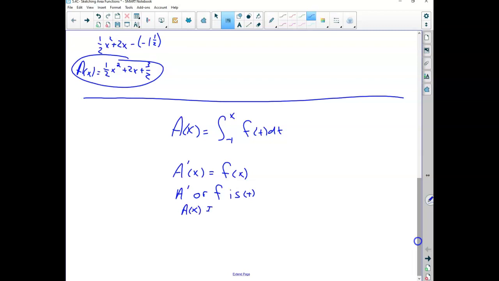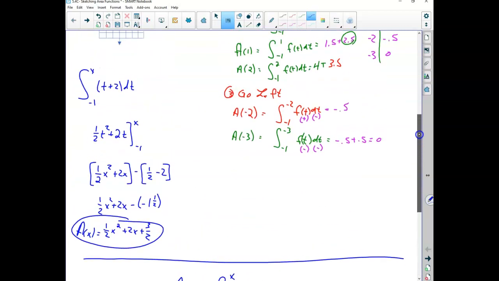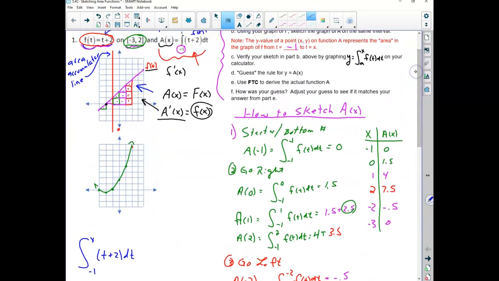A of x is increasing. Do you recall that when we did that? Okay, because all of my derivatives here are positive. So all the way here from -1 all the way out, my function should be increasing, and I can see my A of x is increasing. Why? Because its derivative is positive, okay?